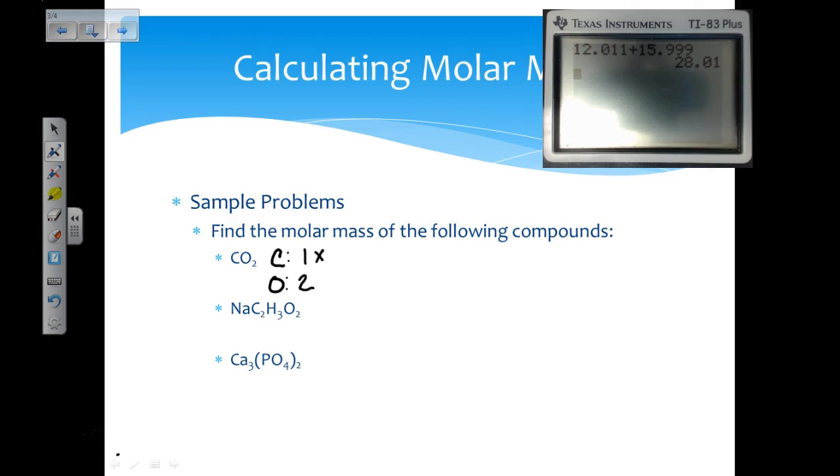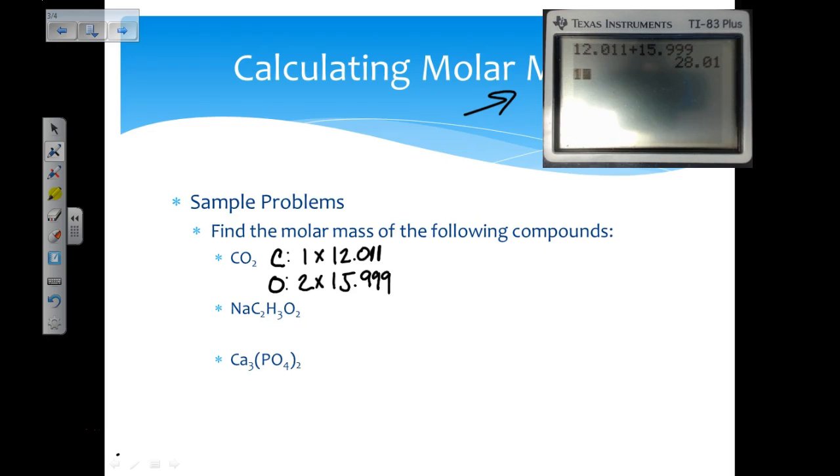And then we're going to take that and multiply it by the mass on the periodic table. Now, we just did this to find that the mass of carbon on the periodic table is 12.011. And we just figured out that the mass of oxygen was 15.999. Now, this is a different compound that we did here. That was carbon monoxide. This is carbon dioxide.